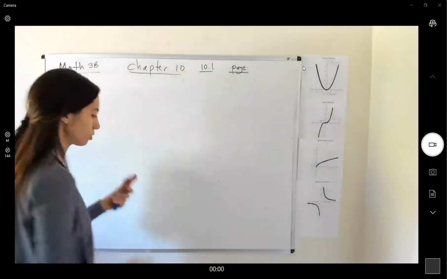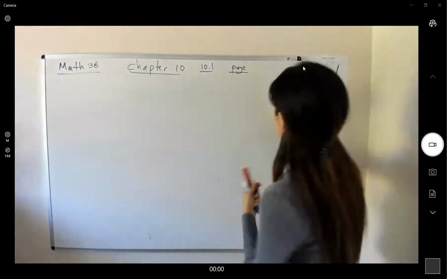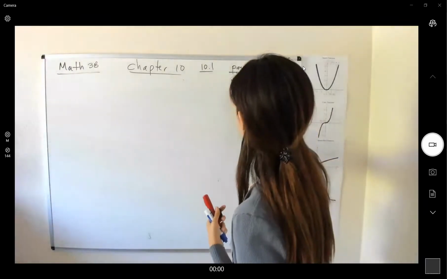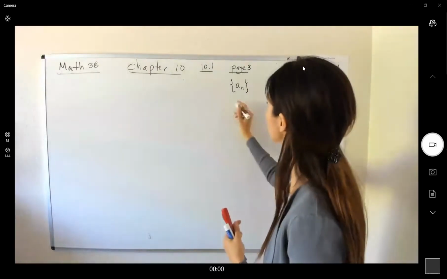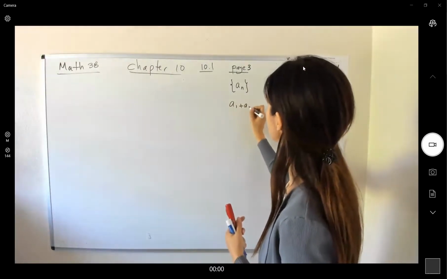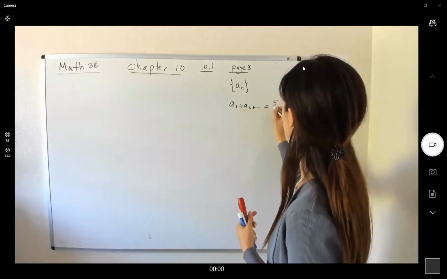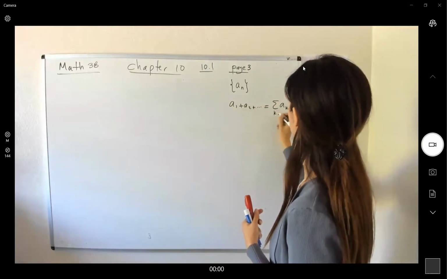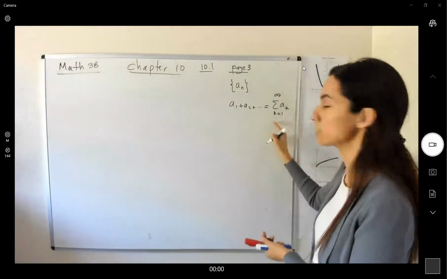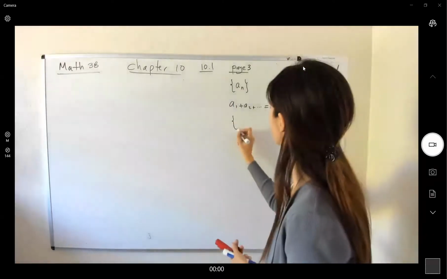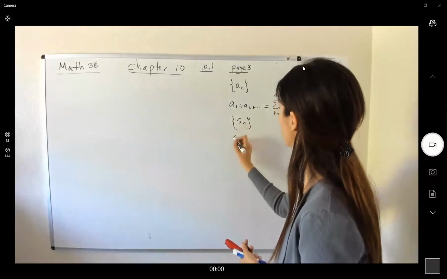So what did we do so far? We took a sequence, a sub n, we added the terms of this sequence, and we defined a series. Then we took partial sums of this series, S sub n, and we defined them this way.